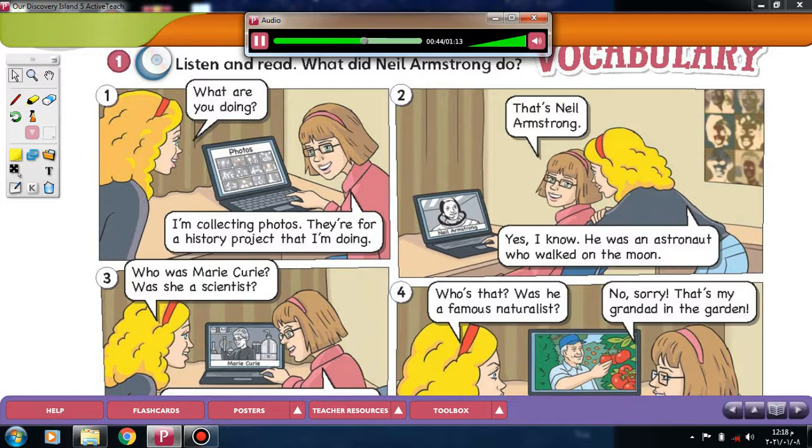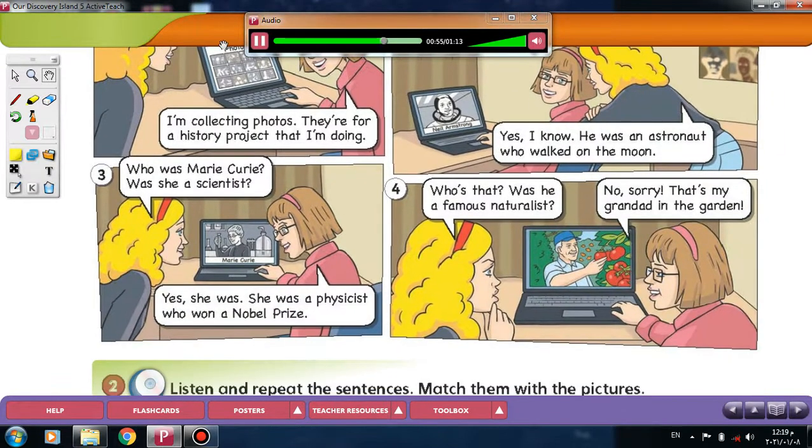Who was Marie Curie? Was she a scientist? Yes, she was. She was a physicist who won a Nobel Prize. 4. Who's that? Was he a famous naturalist? No, sorry. That's my granddad in the garden.